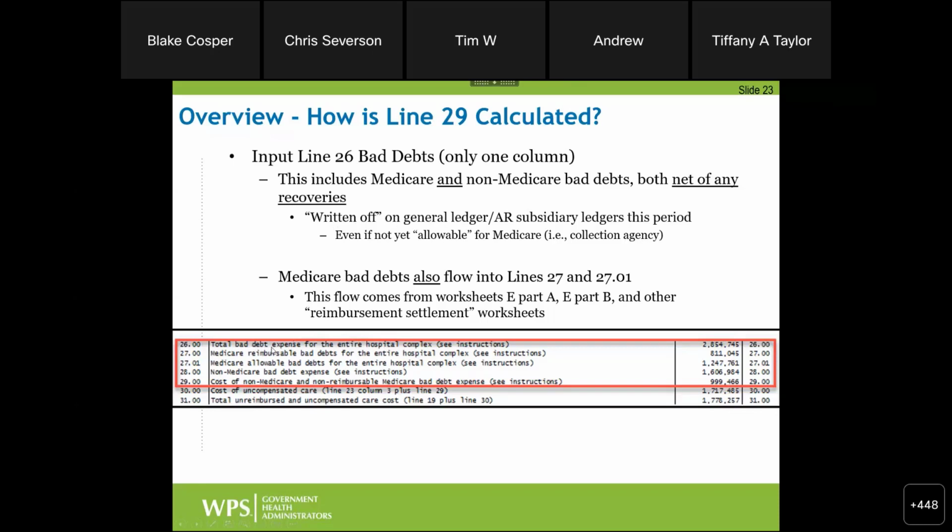The other thing that I was really hoping they would change in this transmittal is the word expense. It's absolutely wrong. It's not an expense we're looking for, it's a write-off. Now in GAAP, using the allowance method for bad debts, the expense happens first, and it's an estimate. We don't know any specific patient that won't pay.